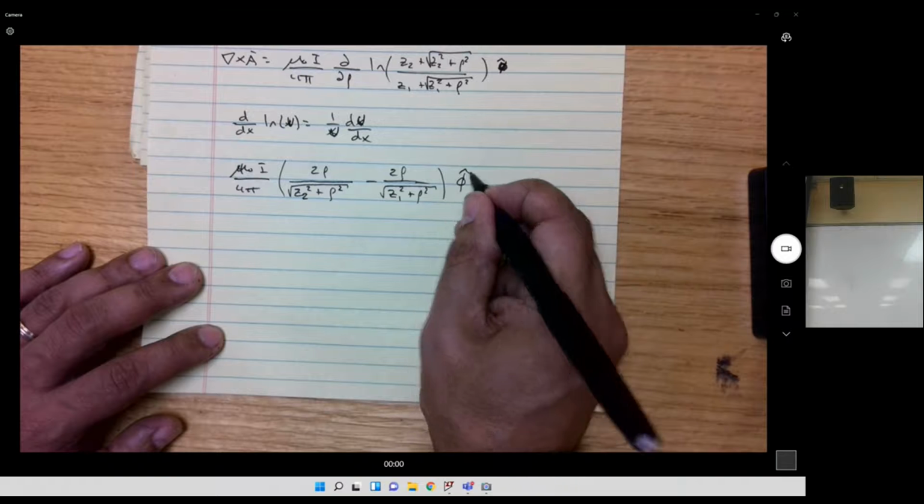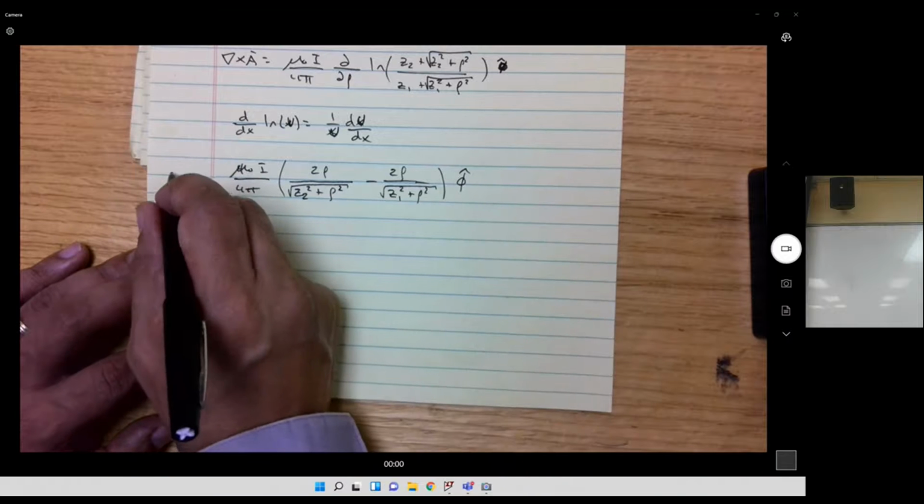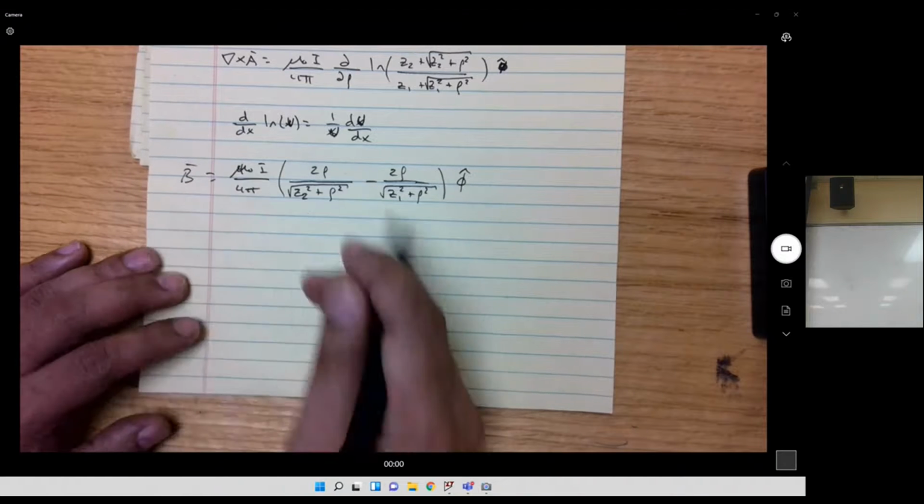This is going to be in the phi direction, and this is going to be my magnetic flux.